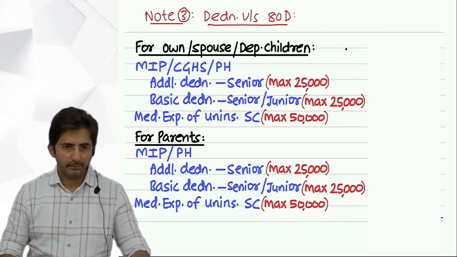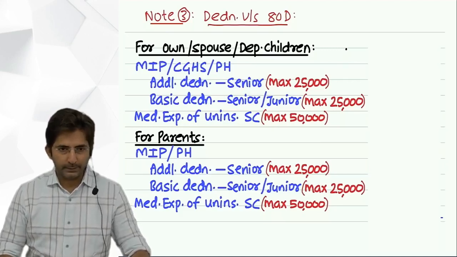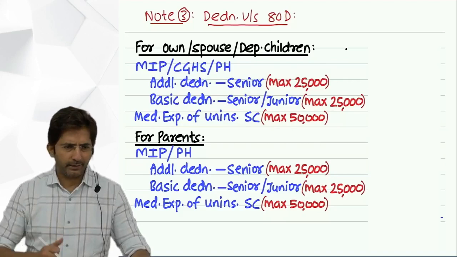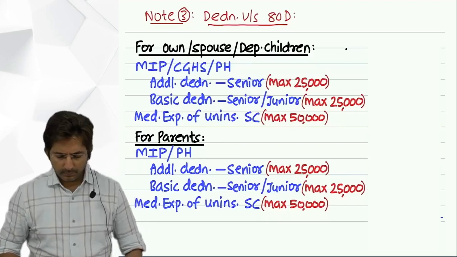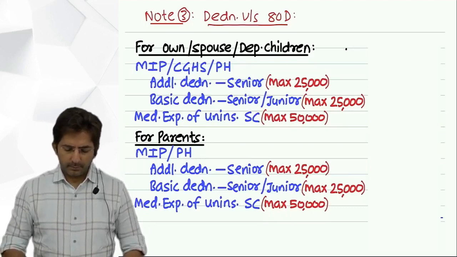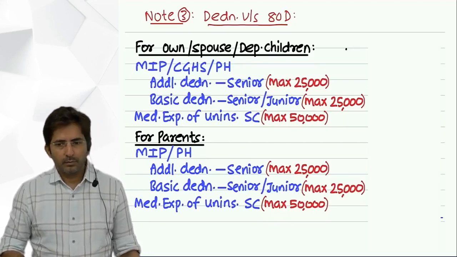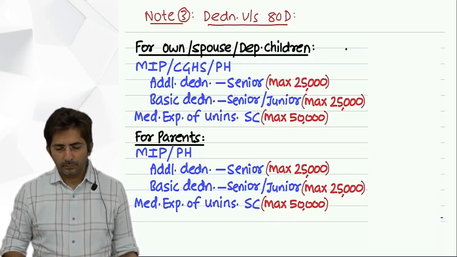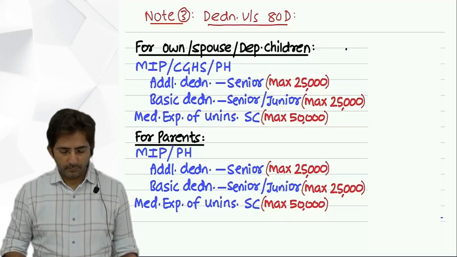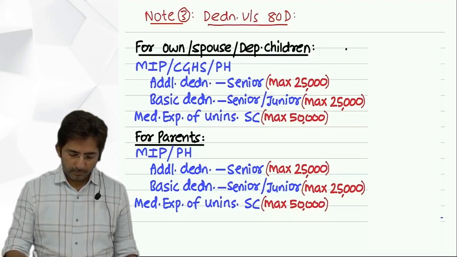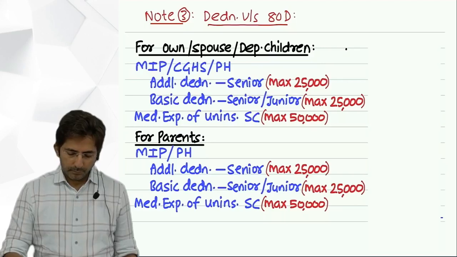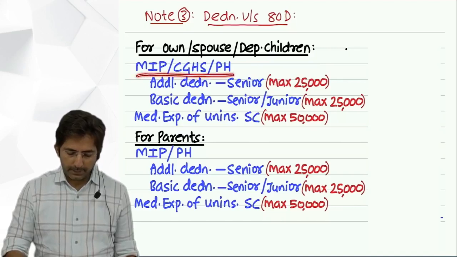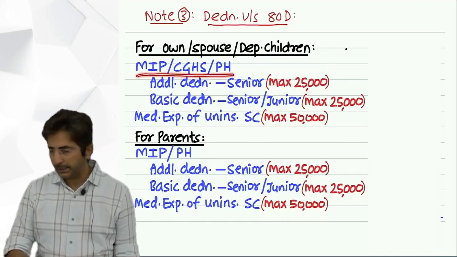Others means other than senior. Junior will sound funny, it is my word. Between us it is okay, but in the exam it doesn't suit. What is this MIP? Mediclaim insurance premium, Central Government Health Scheme, and preventive health checkup.